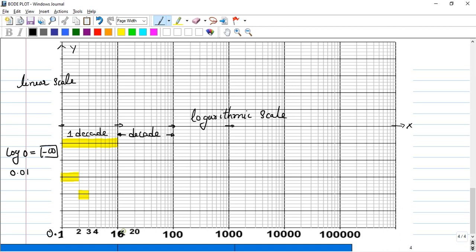So 1, and this is 10, 100, 1000, 10,000.